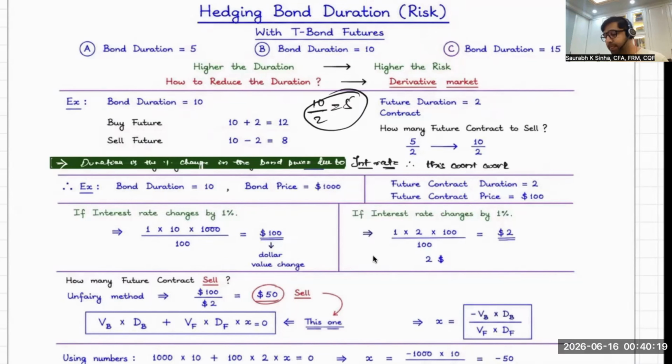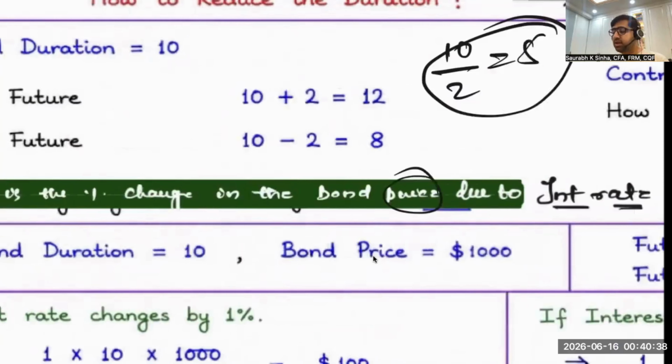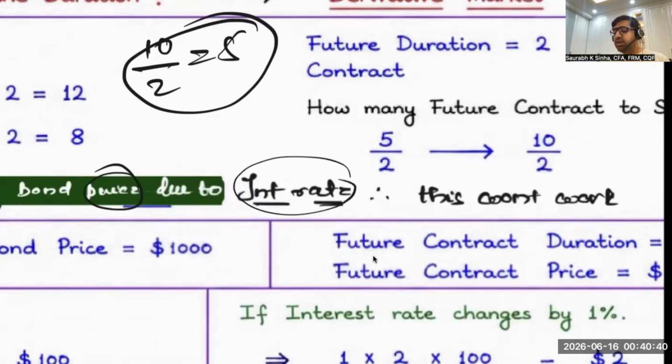The problem is the duration is connected to the bond price. What is the definition of duration? The duration is the percentage change in the bond price. In this unitary method, you're losing bond price due to a 1% change in interest rate.